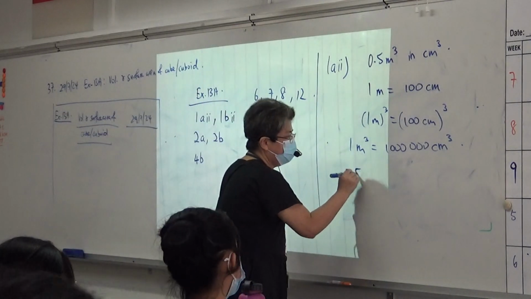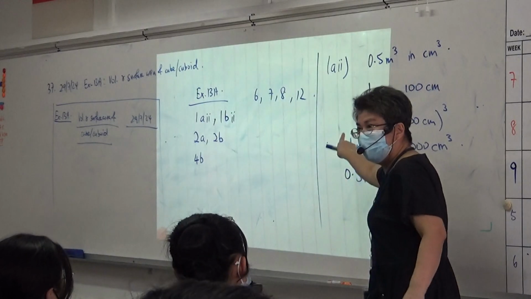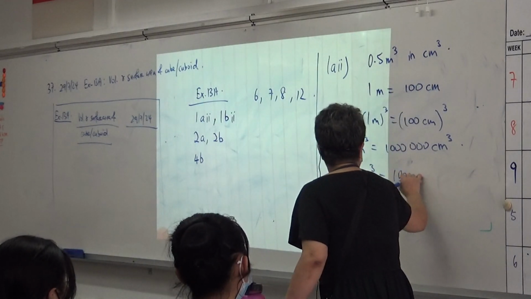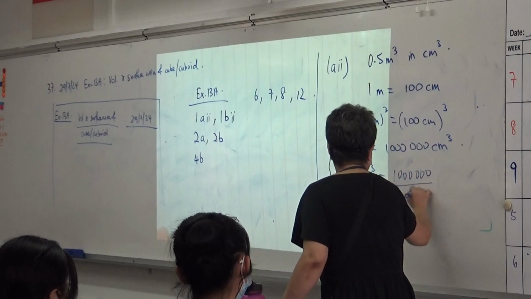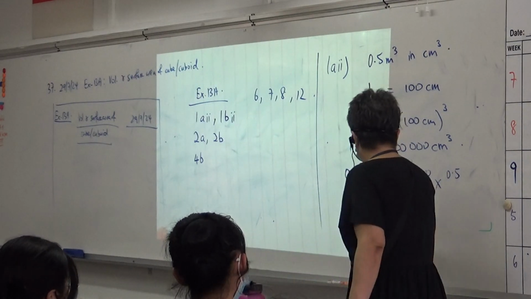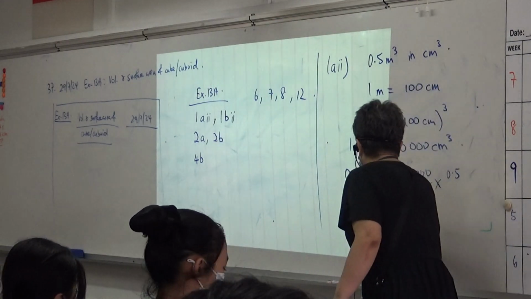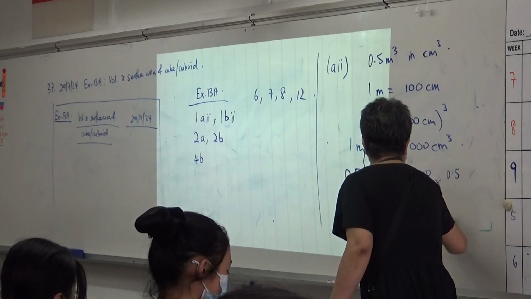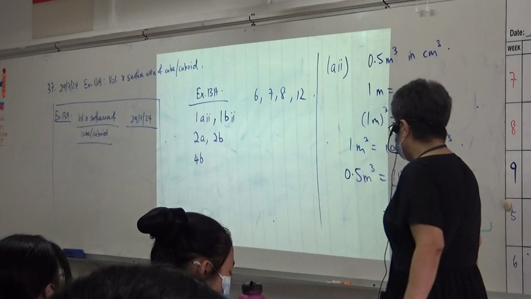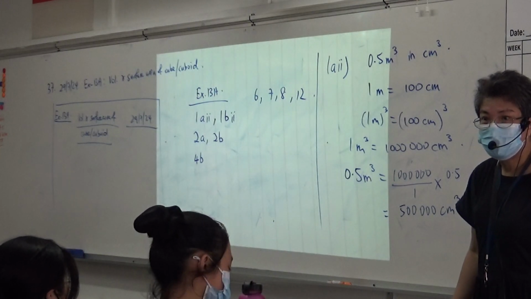So, 0.5 meter cube. Now, class, can you see down here a line up already? So, it will be 1 million over 1 times 0.5. You will get what? You will get a 500,000 cm cube.